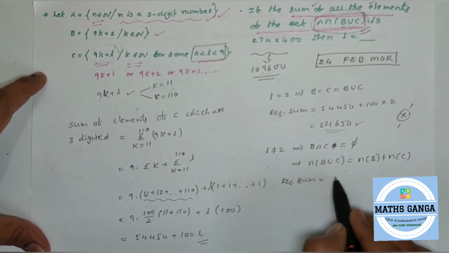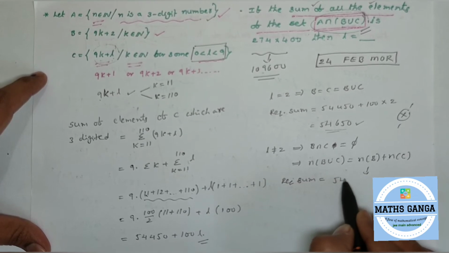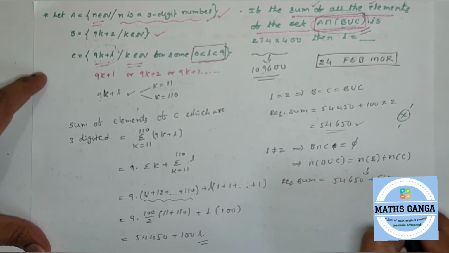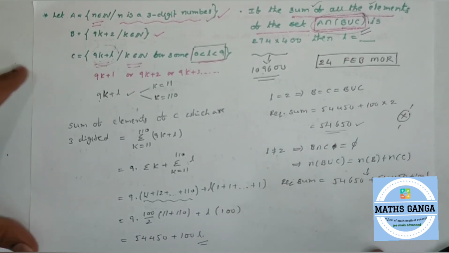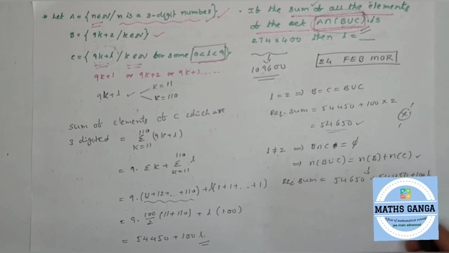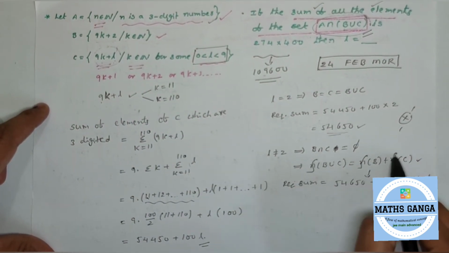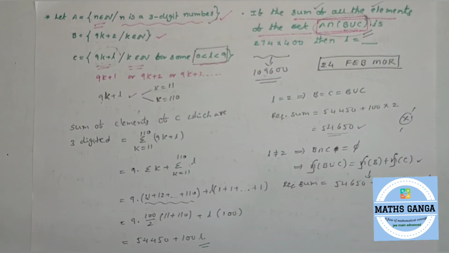In the same way, the required sum is equal to the sum from B, which is 54650, plus the sum from C, which is 54450 plus 100L. As I mentioned N of B and N of C, but since we are searching for the sum of elements, the sum of elements of B union C equals the sum of elements of B plus the sum of elements of C, because B intersection C is empty.